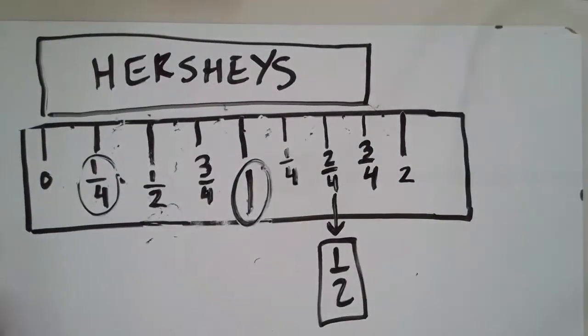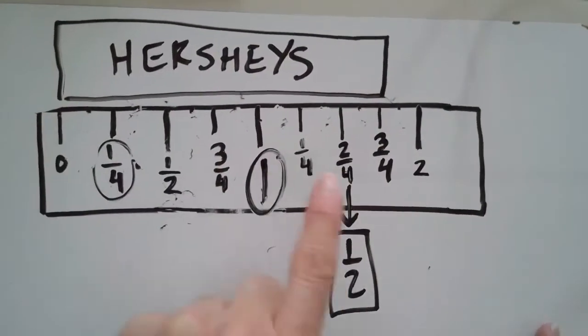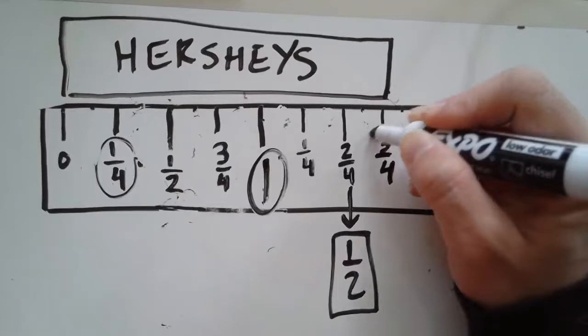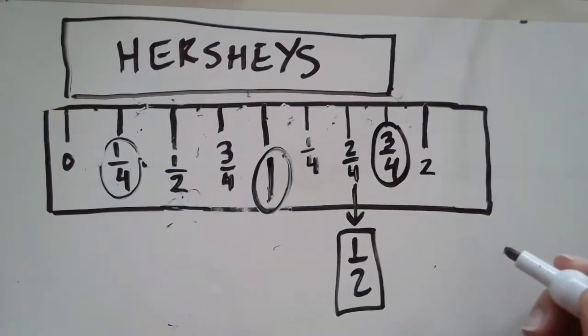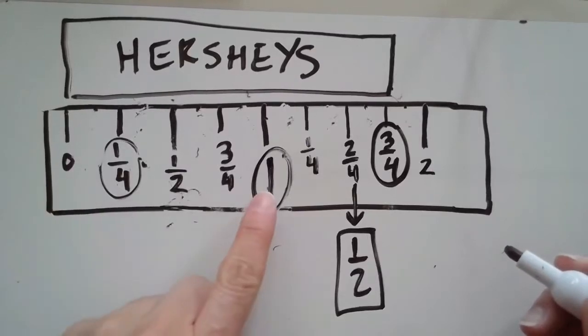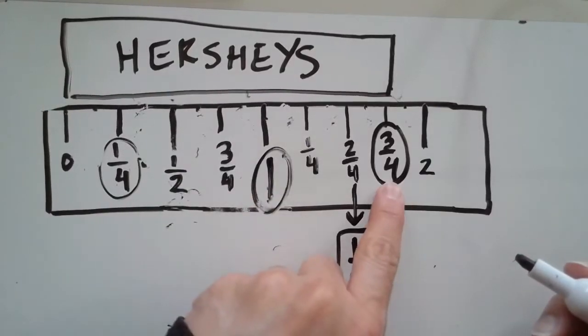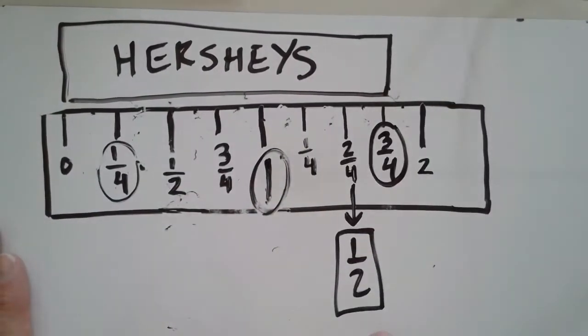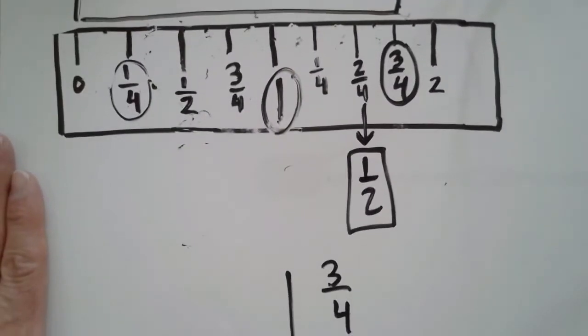Okay, I could measure it. I'm starting at 0, and it goes all the way to this mark. So this is where it stops. So it's not just 3/4 of an inch. It's 1 and 3/4 of an inch. So this Hershey's bar would be 1 and 3/4 of an inch.